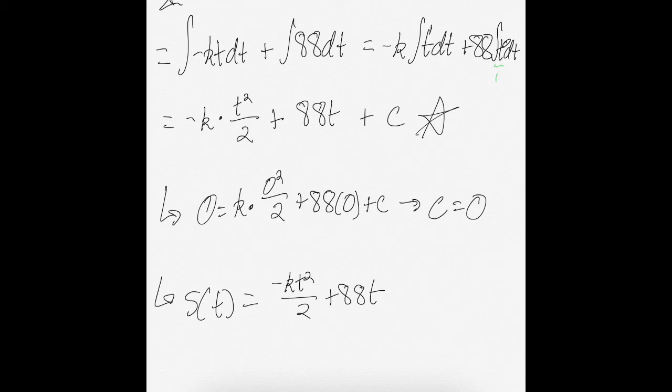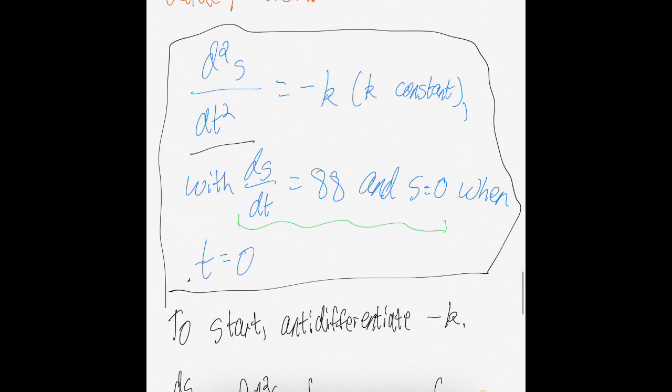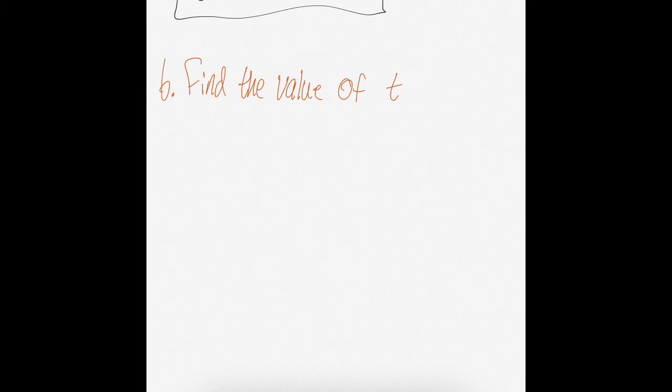Because I just have 0 equals 0 plus c. So s of t is negative kt squared over 2 plus 88t. I just rewrote the line above, replacing c with 0. So this is our solution to our initial value problem. We found a function s satisfying all of the conditions given to us here in our little box.